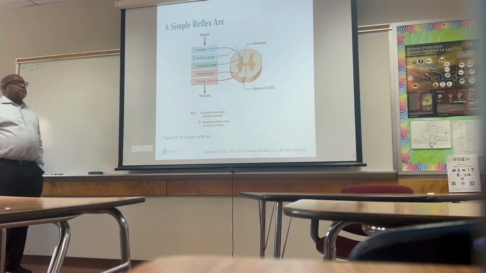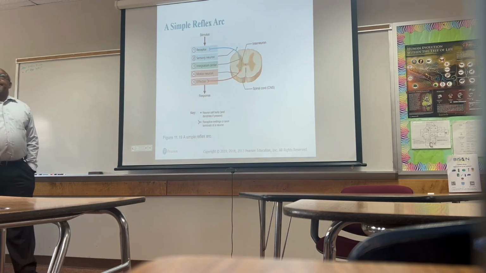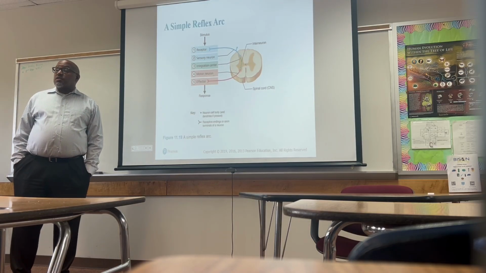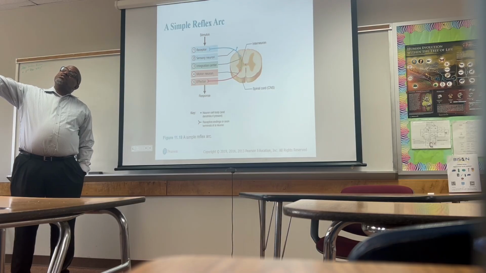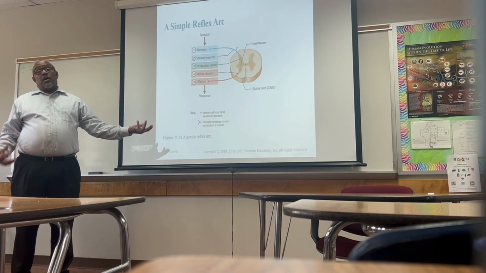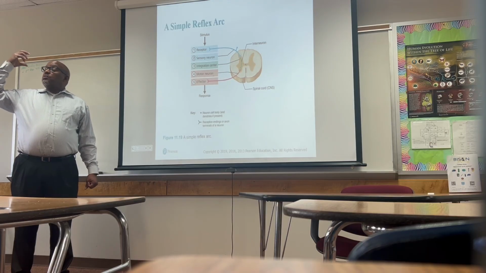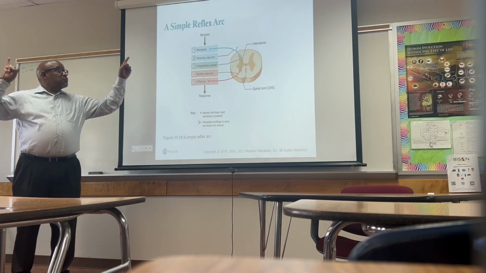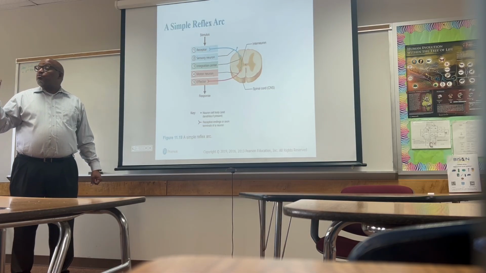This is called a reflex arc. This is how the nervous system works. You receive something as a sensory signal and you respond, okay? If something pricks your finger, the reflex arc it goes through is step 1, 2, 3, 4, 5 before you move your finger.